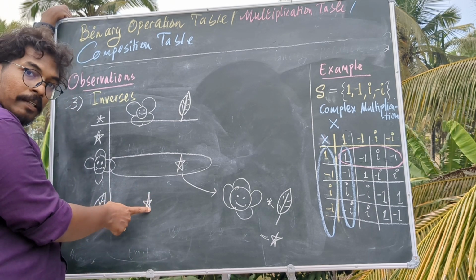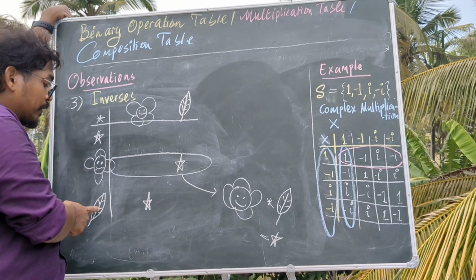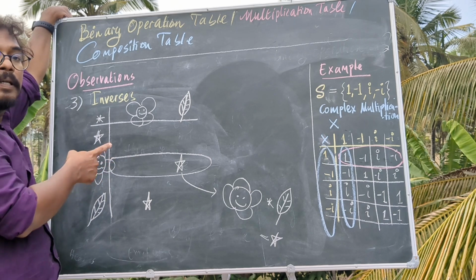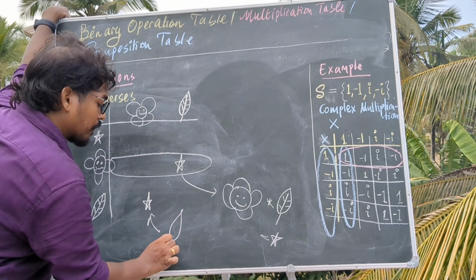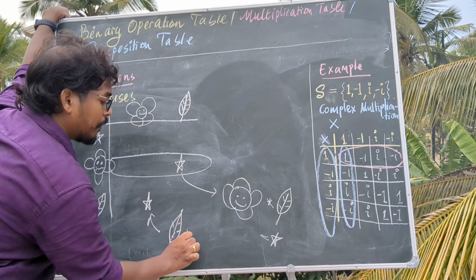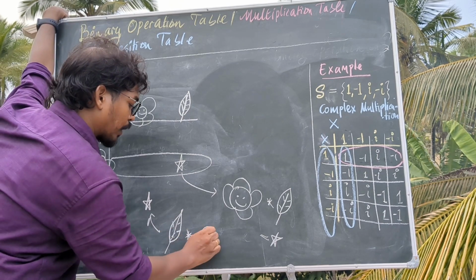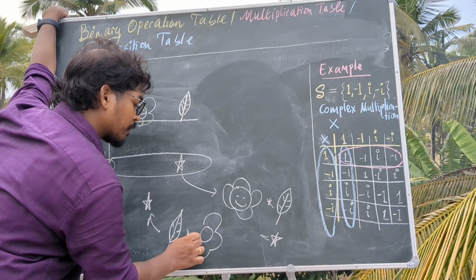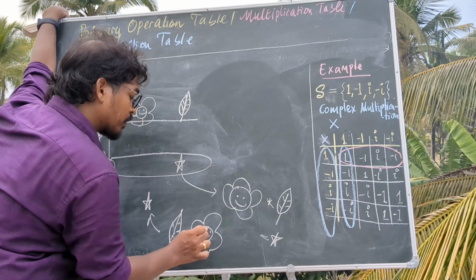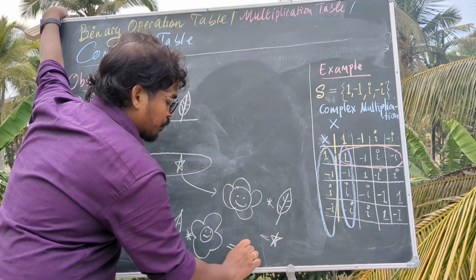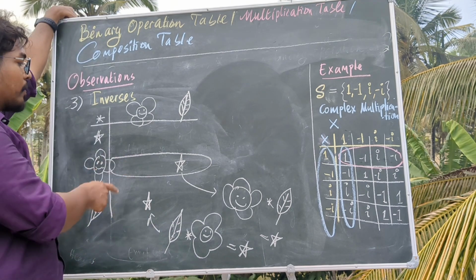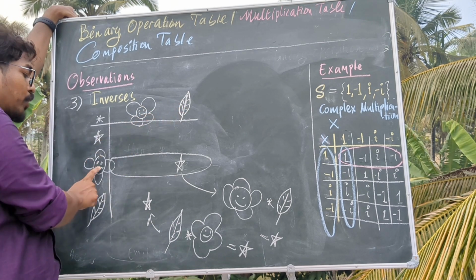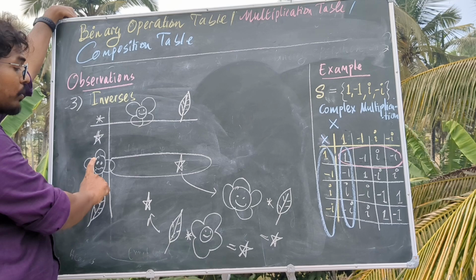If this is star, then this is the inverse of this happy little flower, because this happy little leaf with our happy little flower, in both cases we are finding identity. If this is the case, then this is the inverse of this one, and the other way this is also the inverse of this one.